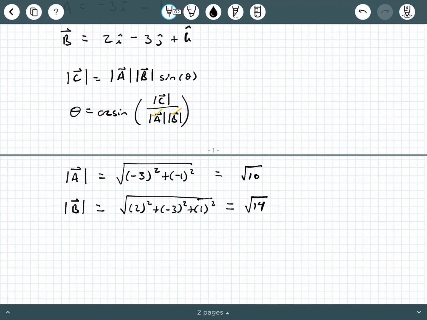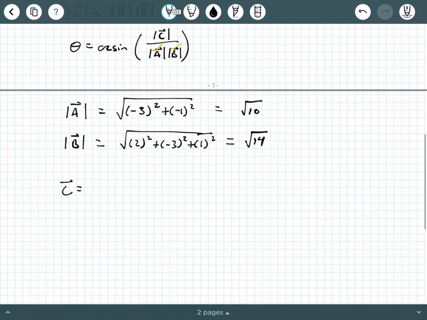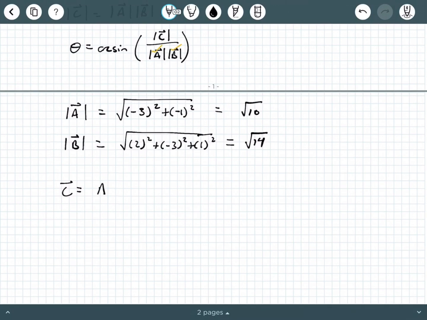Well, first, we need to get vector C, the Cartesian vector C. So to get it, we say that is equal to A cross B, and we set up this 3 by 3 determinant i, j, k. And we're going to have negative 3, 0, negative 1, 2, negative 3, 1.